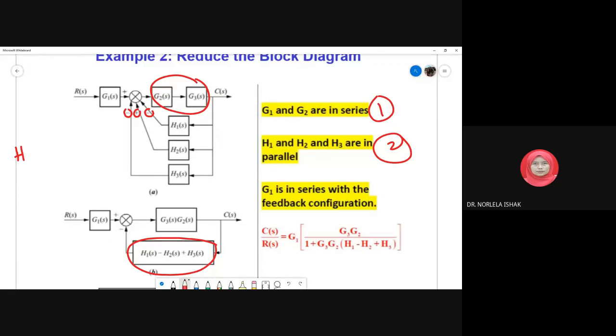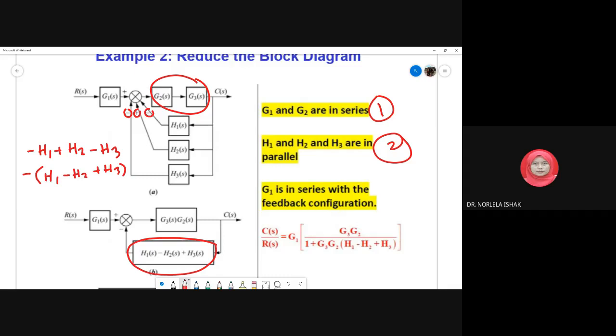Minus H1, and from there plus H2, and then minus H3, right? Class, can follow? From here we take the minus outside, so this one is H1, this one is H2, and this one is minus H3. Can I rewrite like this?